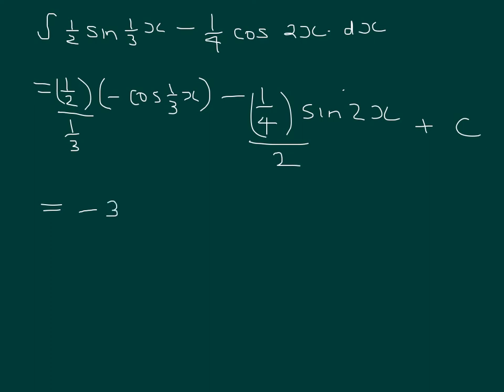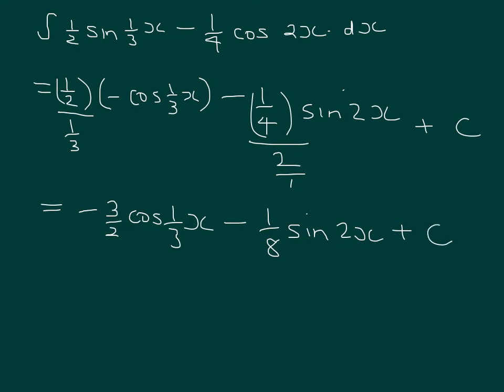So we've got a 3 on 2, we've put the minus out already, cos a third x minus, and again invert this one, the 2 will go to the bottom, that's 2 on 1, isn't it? So if you flip that, we've got a 1/8, if you must do it on your calculator, do so, sine 2x plus c. And that's our integral for that one.